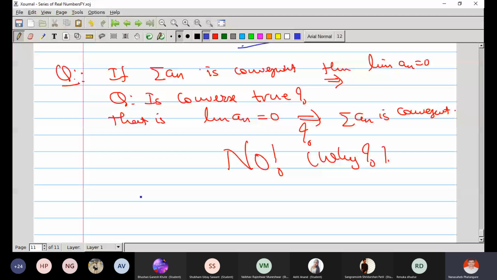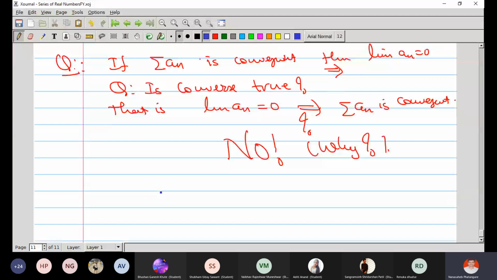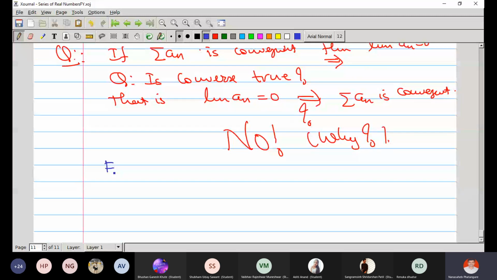When I say every student in the class is brilliant, if we produce one counterexample, the statement fails, and we say it is not true. So what is the example? The series 1 by n. In this case an is 1 by n, so limit an is 0, but the series is divergent.